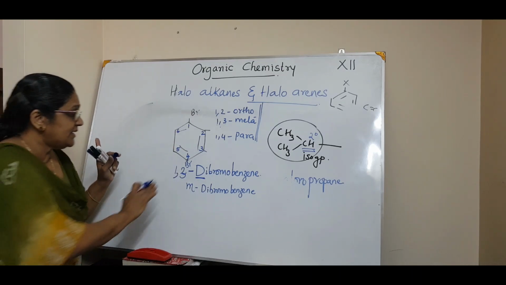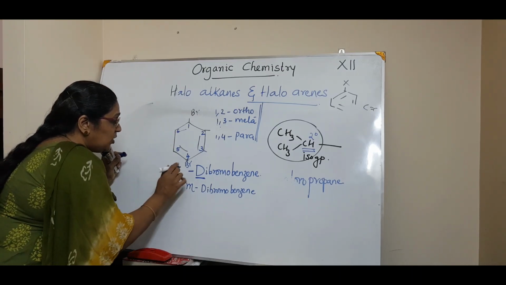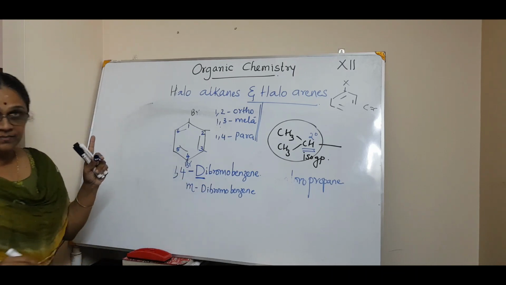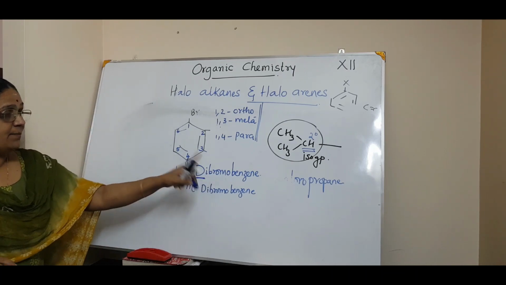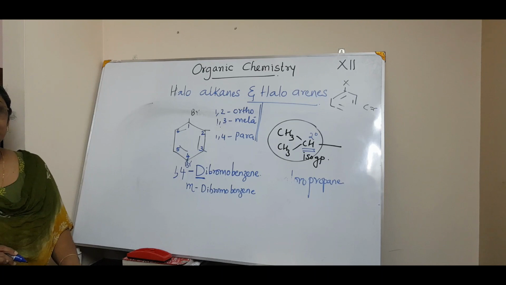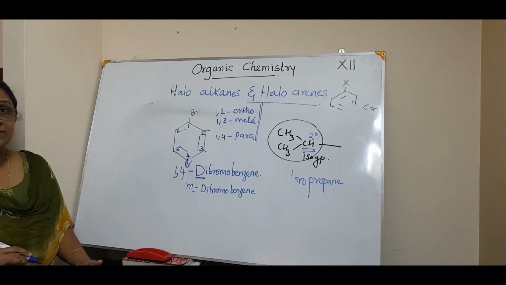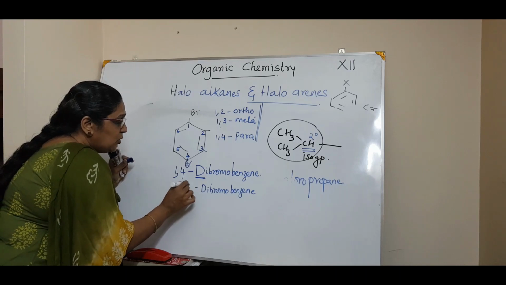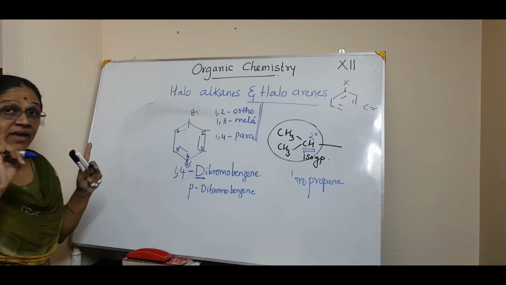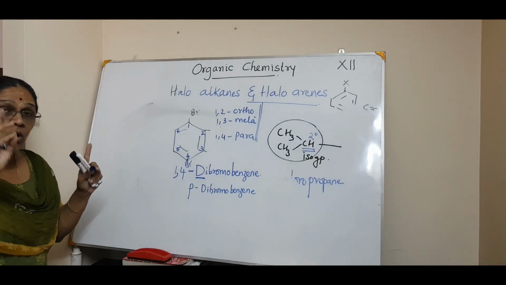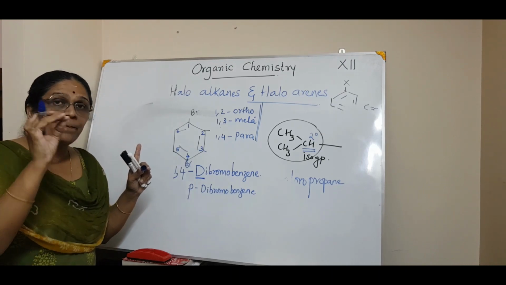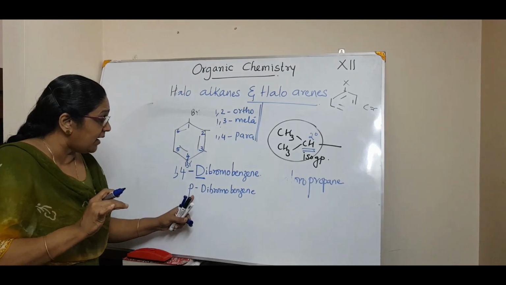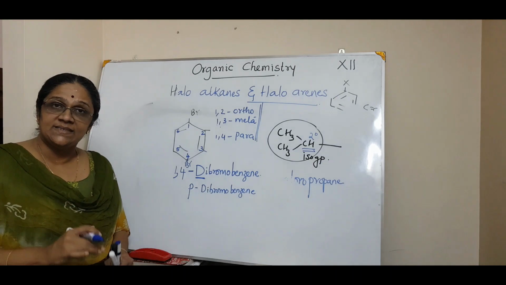Then instead of 1, 3, you will write 1, 4 hyphen dibromobenzene. Clear? Or here what you write? Instead of meta, you will write para, small p. Listen, small o, small m and small p. That is para dibromobenzene.